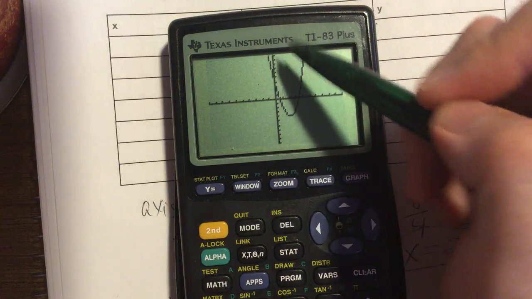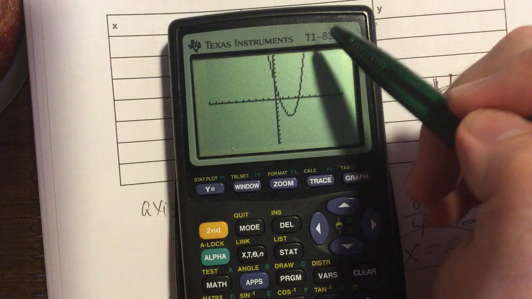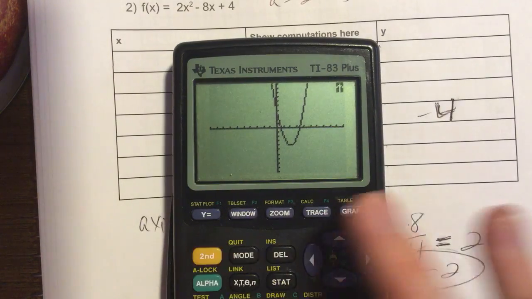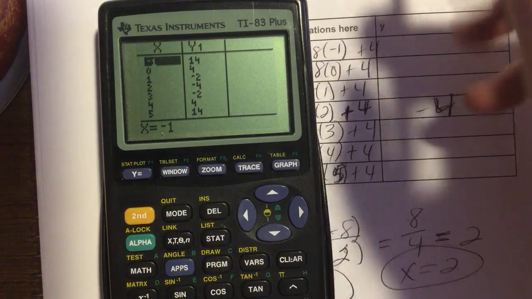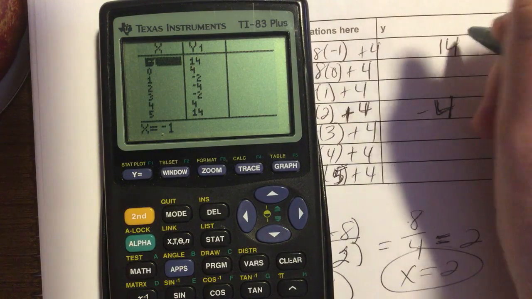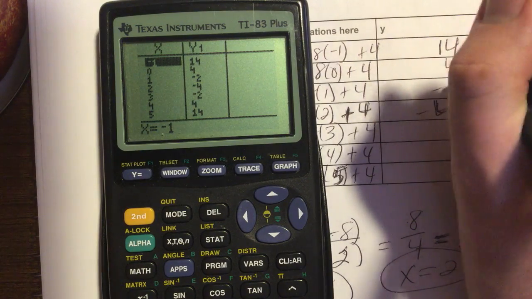Okay, notice how your graph is now facing upward. The arrows go upward, and that's because that a value was a positive number. We're going to go ahead and go to the table. And again, x is negative 1, y is 14. Then you have x is 0, y is 4. X is 1, y is negative 2.